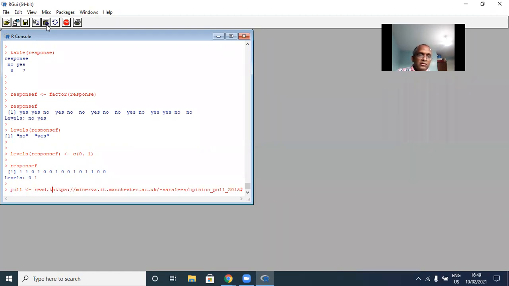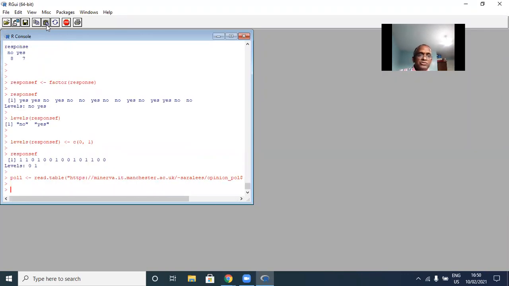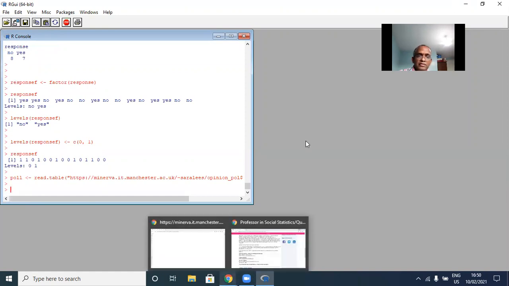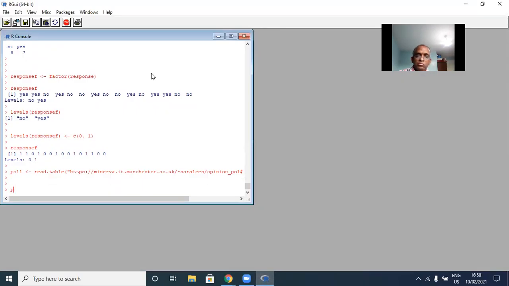Read dot table in bracket this, and then you say header equal to true because the data has a header, as you saw. You see the data has a header which is called party, right? Now, I'm going to type poll.